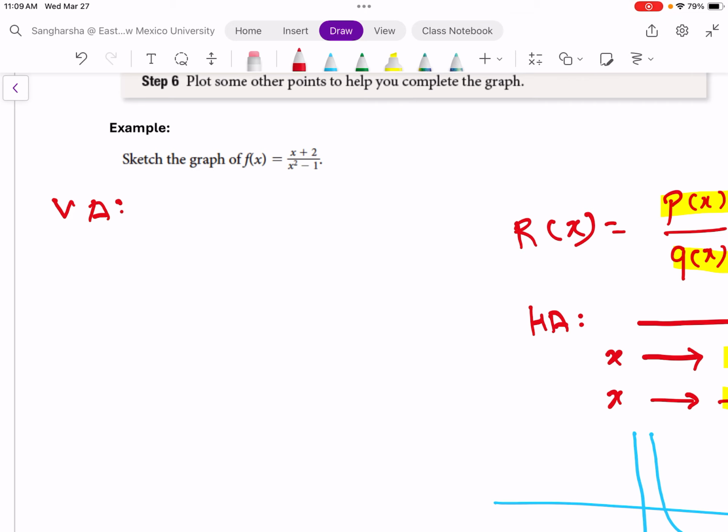Do we have any other? -1, right? So when we choose x equals 1 and x equals -1, our denominator is equal to 0. So the vertical asymptote is x equals 1. Make sure you write x equals the number that makes the denominator 0, which is 1, and the next vertical asymptote is x equals -1.